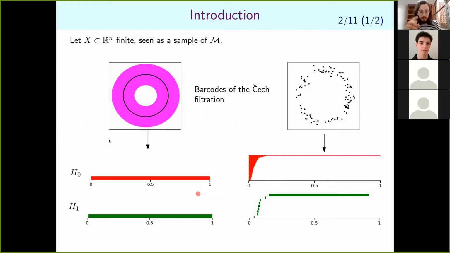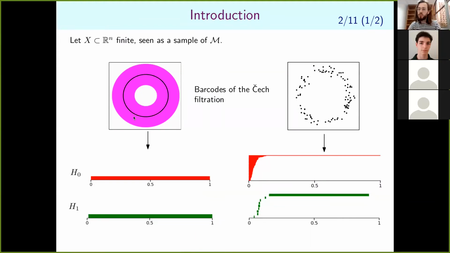It's only 2 bars, 1 bar in H0, representing the connected component, the zeroth homology feature of this annulus, and 1 bar in H1, because all along the filtration, we have a circle, topologically. We have 1 cycle in H1, and the cycle dies at the value 1, the radius of the circle, where we obtain a ball.